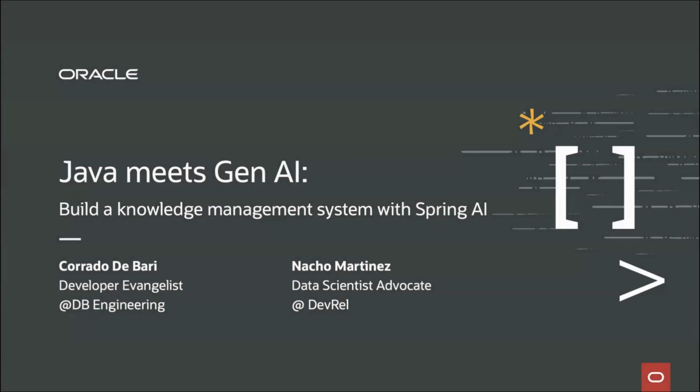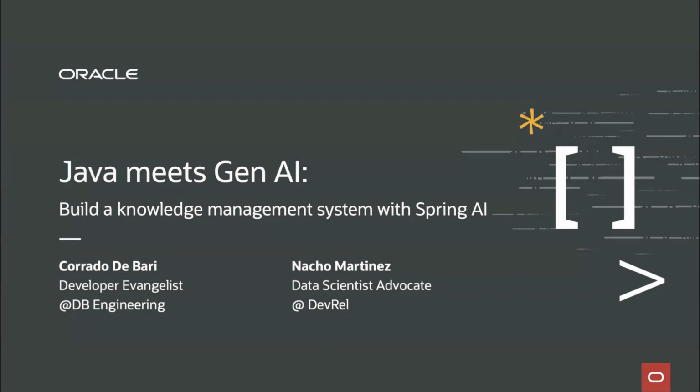Okay, perfect. Thank you. And first of all, hello to everybody, and thanks for attending this webinar. I am Corrado Dibori, and I work in the Oracle Database Engineering as a developer and evangelist.